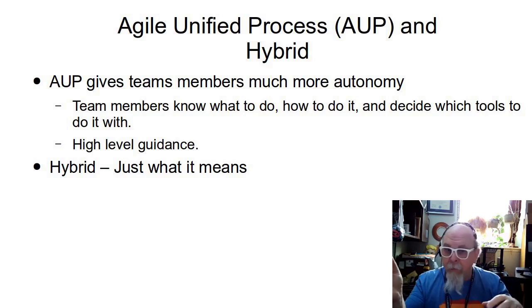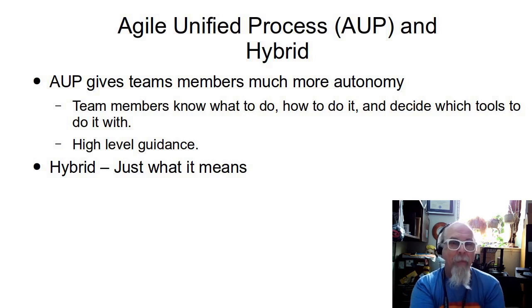You can be doing that, I can be doing this, and it's okay. Well, there we go. I know what to do. I've got my tools to do it. You don't tell me how to do it. I got it. I know what I'm doing. Leave me alone. But you're given high-level guidance from your project management. So an AUP kind of idea, but you really can't build a building using AUP.